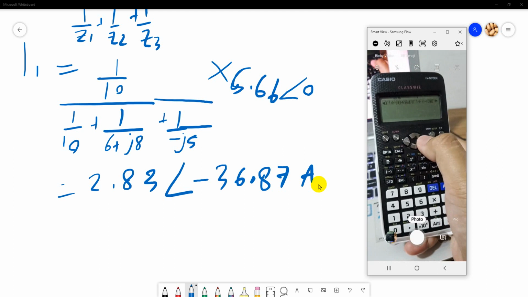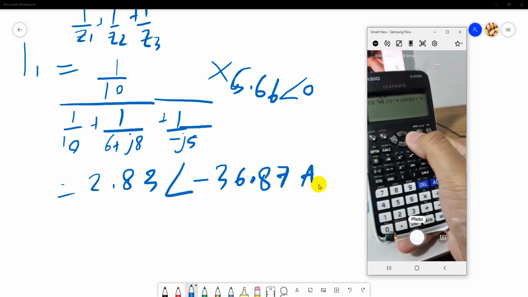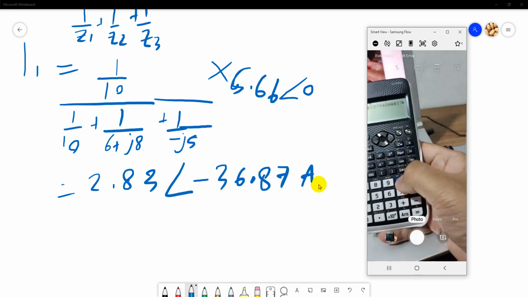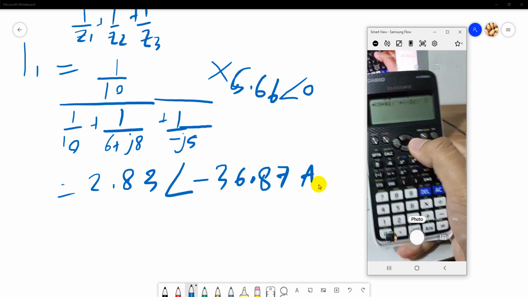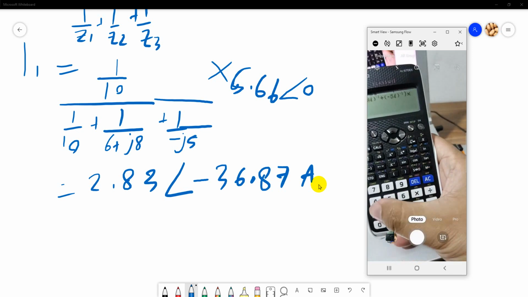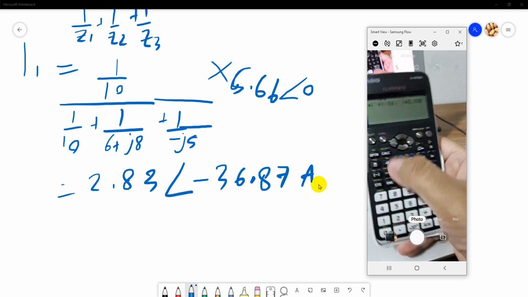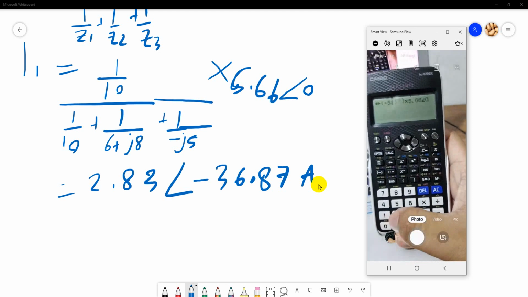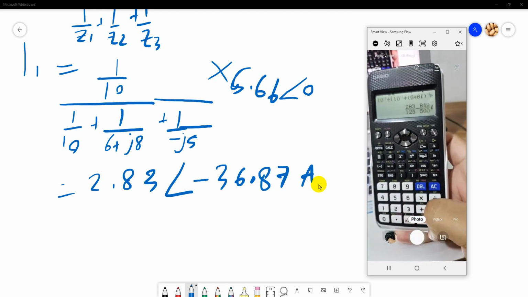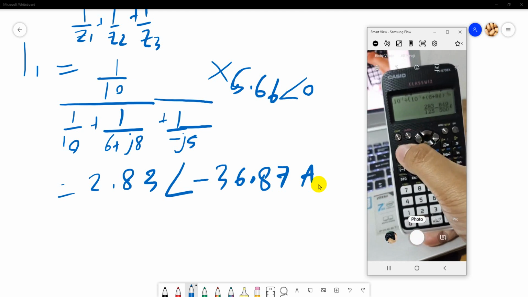So don't forget to multiply by 5.66, angle shift 0, equals, you get this, and make sure you change this to rectangular polar form.